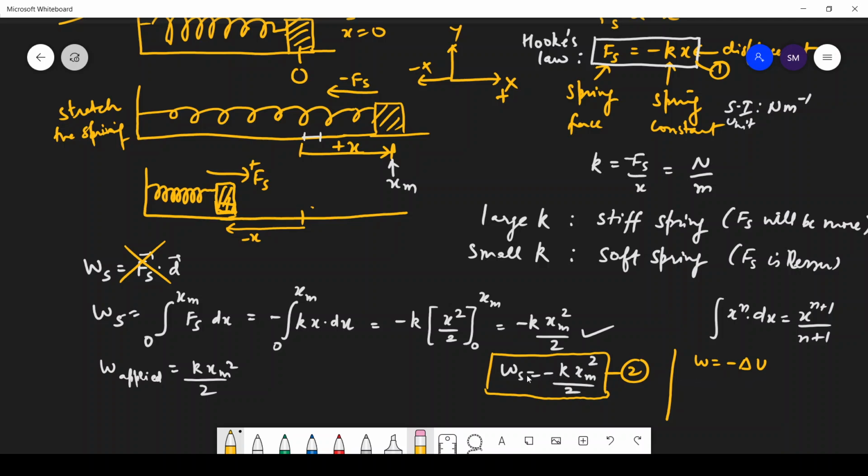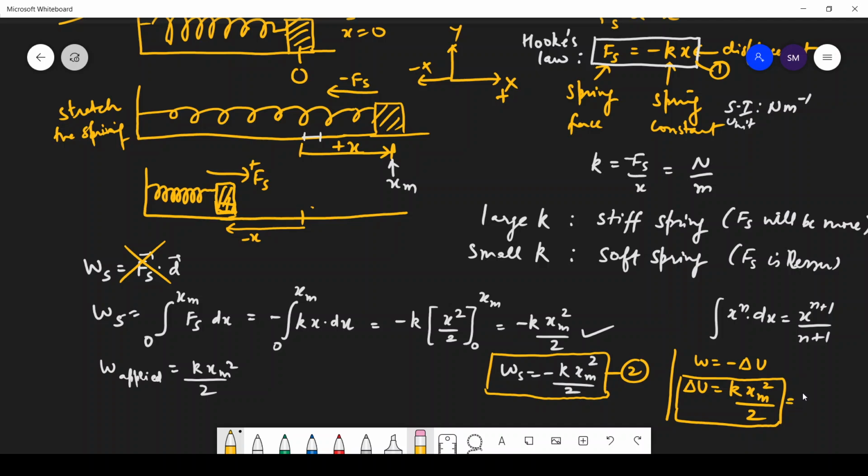So this is Ws. What is the change in potential energy here? It equals minus W, and put the value of Ws here. Minus minus will be positive and we get k xm square by 2. So this is the change in potential energy.